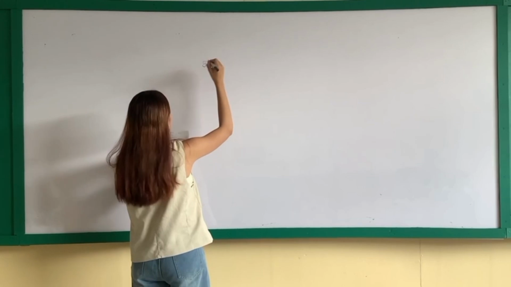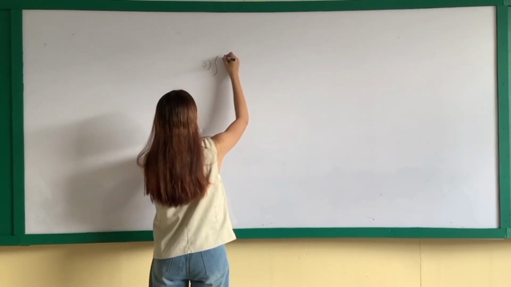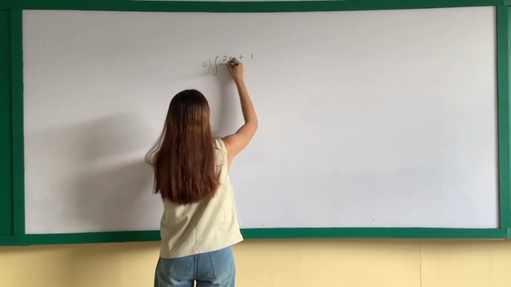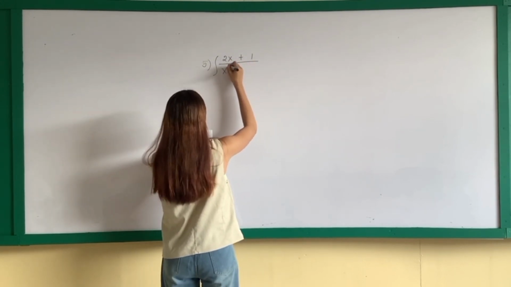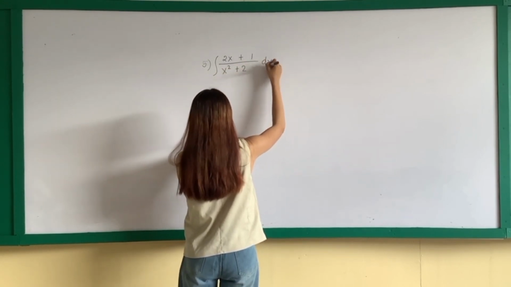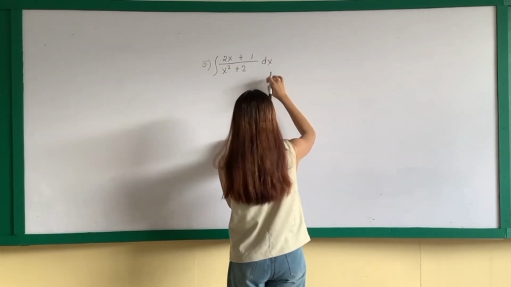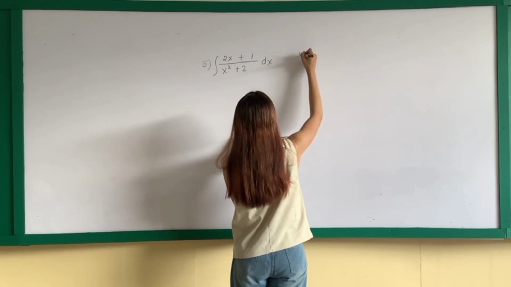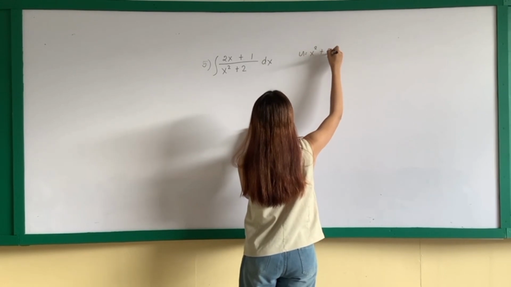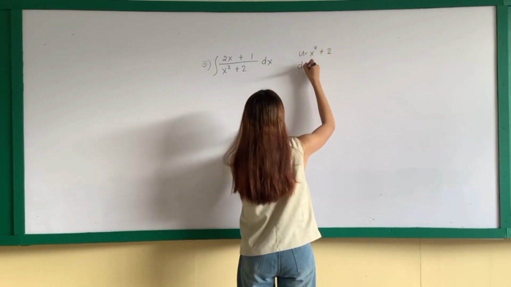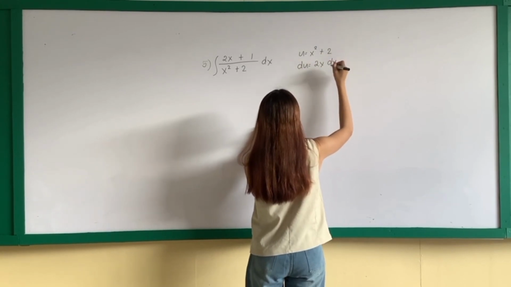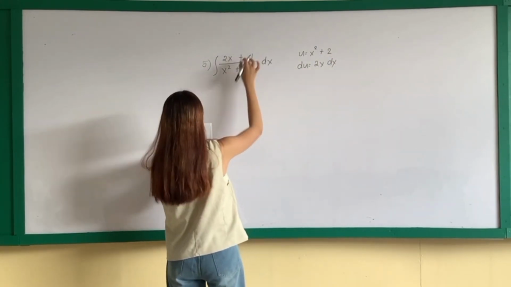Our last problem for this topic is the integral of 2x plus 1 over x squared plus 2 dx. So let u equal x squared plus 2 and our du is 2x dx. And let's split our numerator in two.